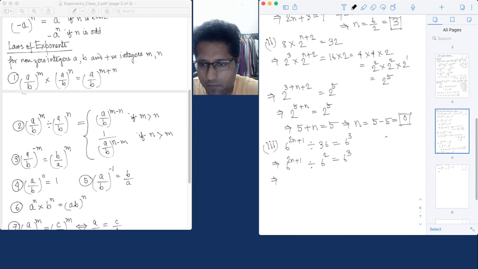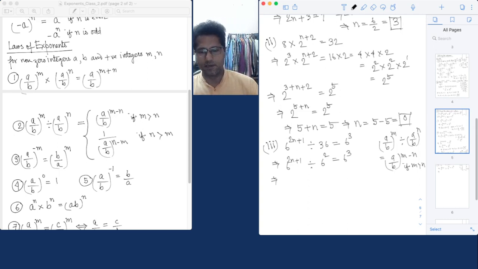Now we know that we have seen that a by b raised to the power m divided by a by b raised to the power n equals a by b raised to the power m minus n if m is greater than n. Now in this case we have also a division where the common base is 6, but we don't know whether 2n plus 1 is greater than 2 or not.